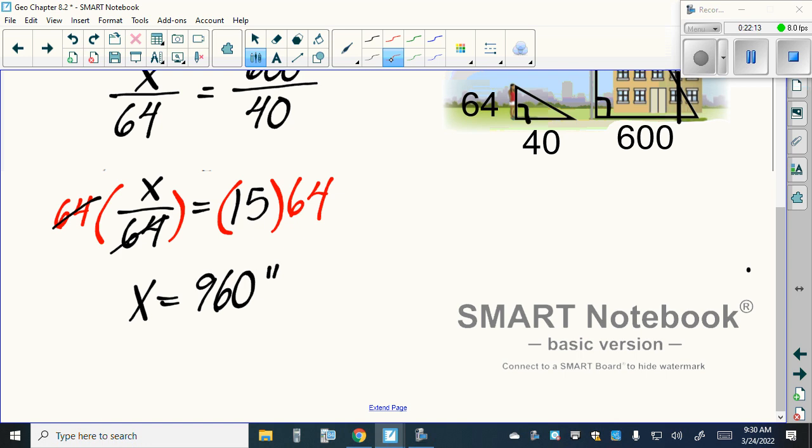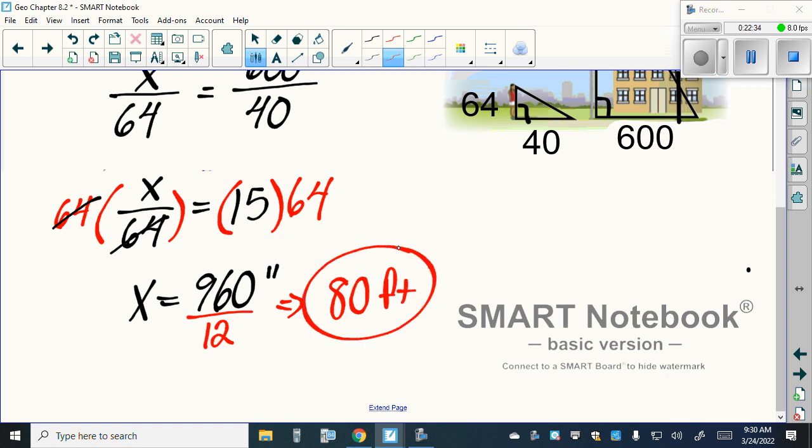Now to go to feet, well, there's how many inches in a foot? 12. So we would divide this by 12. So the flagpole is 80 feet. And that's it.